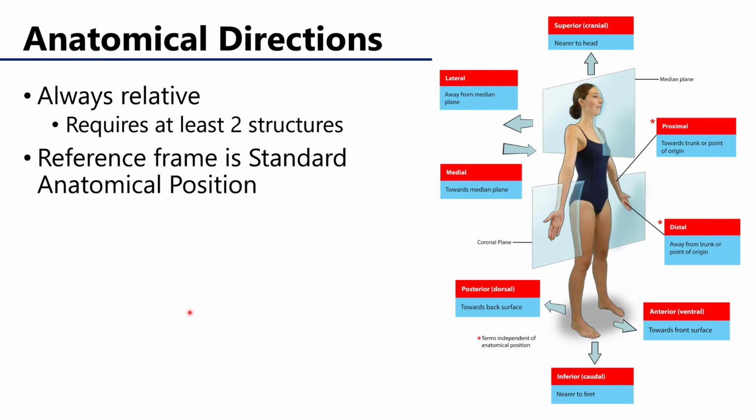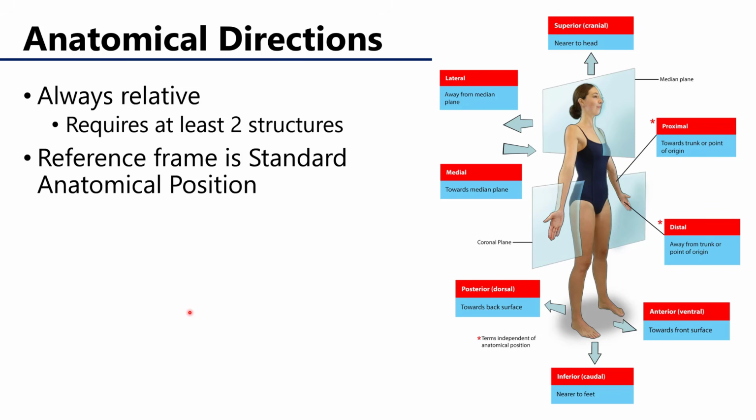So let's take a look at this, still using our friend here and the various planes that divide her. As we use anatomical directions, it's absolutely crucial that we understand that these are all relative terms.